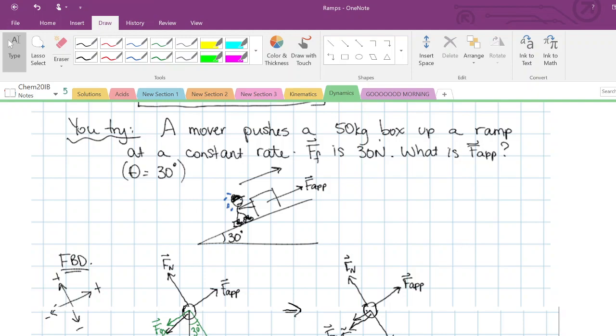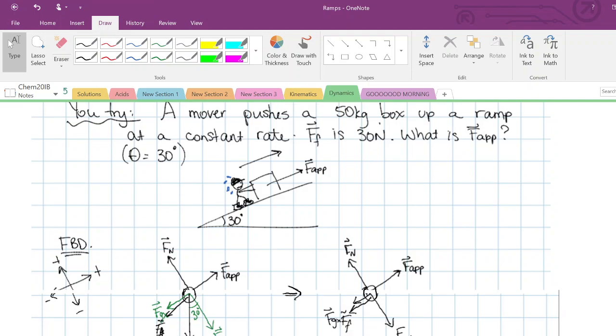Now, because we're at an angle, we're going to have this 30-degree angle to our brand new y-axis. So that means that force gravity is going to have a y component and an x component, which we call the perpendicular and the parallel component to the surface.